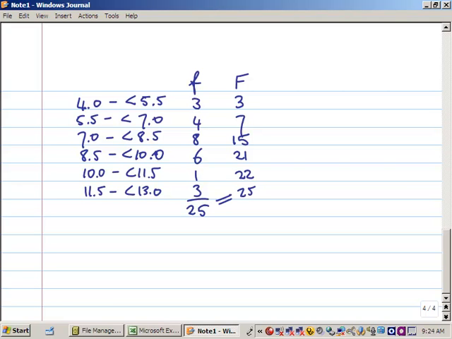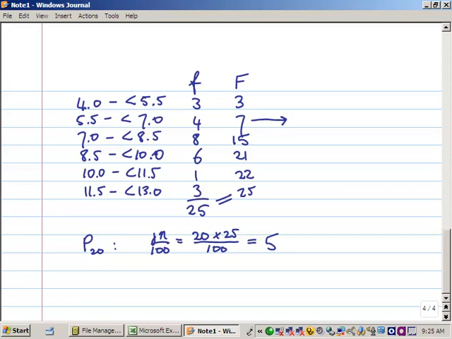Let's say that we're looking for the 20th percentile, P sub 20. So where is the 20th percentile? We'll look at the calculation Jn on 100. J is 20 for the 20th percentile. N, number of items in the sample, 25, divided by 100. That calculates out to 5. So we're looking for the 5th item. We go through this list of cumulative frequencies, and whenever we pass 5, that means we've got that item, in this case the 5th item, in that interval.